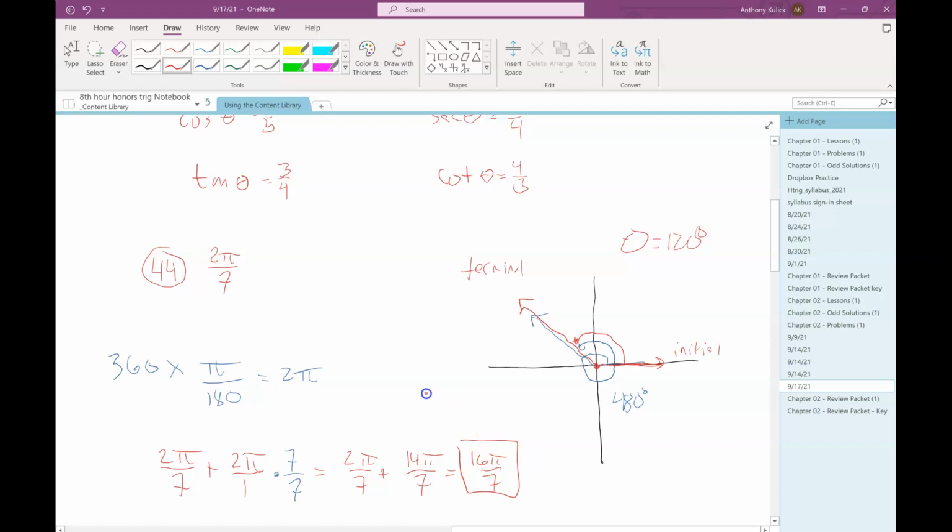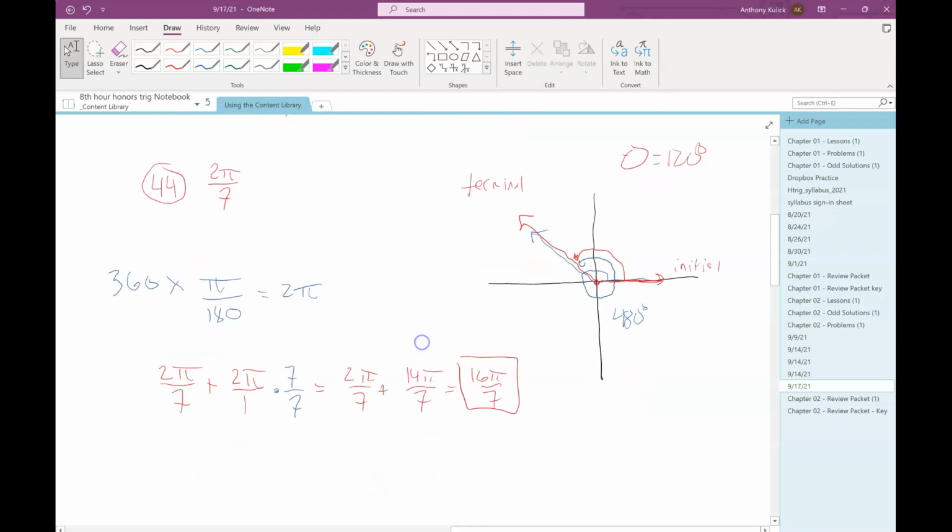I knew that since 2 pi over 7 is positive, and I'm adding 2 pi to it, I'm going to get a positive angle back from this. The directions ask for one positive angle and one negative one, so I knew that I'd have to add to get the positive one. To get the negative angle, instead of adding, I'm going to be subtracting.